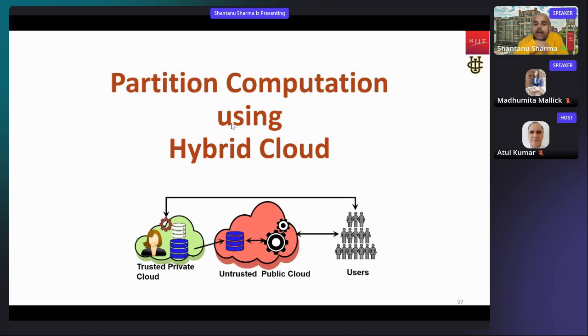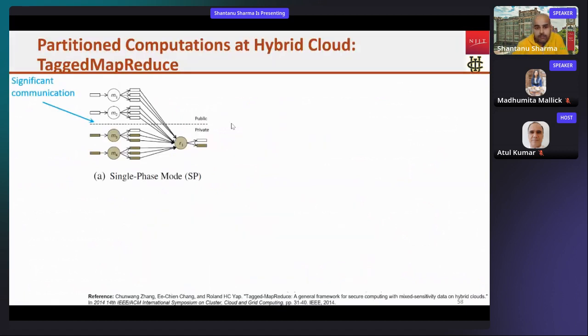So let's see how partitioned computation works over the hybrid cloud scenario. Here I am showing you in the context of MapReduce. MapReduce is very popular and can process a large amount of data.